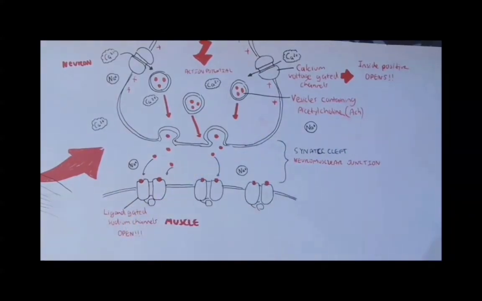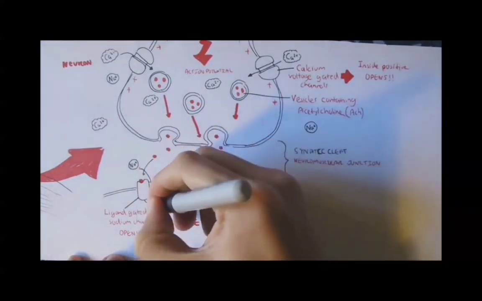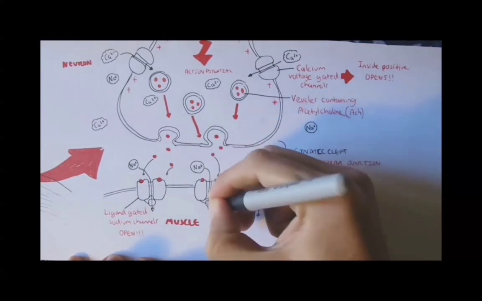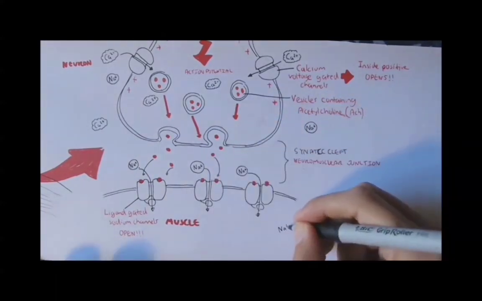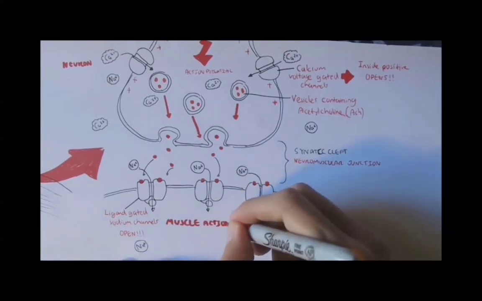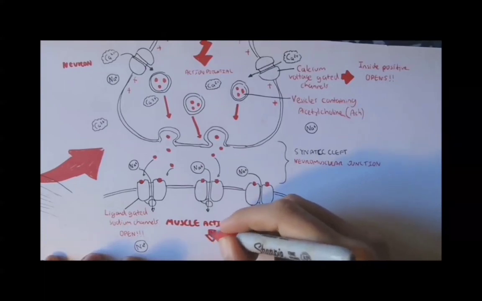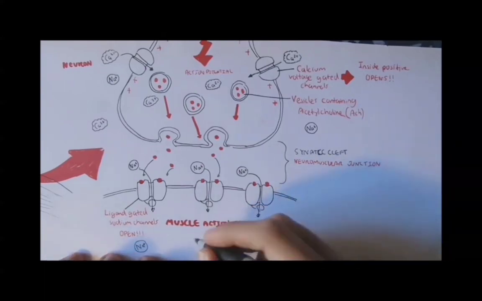The open channel causes influx of sodium ions to go inside the muscle fibers. So from higher concentration they move into the muscle, and the influx of sodium inside will generate an action potential, a muscle action potential within the muscle fiber, which essentially causes muscle contraction.